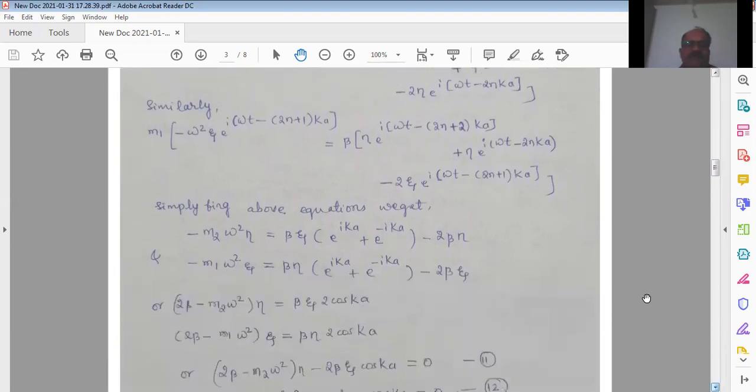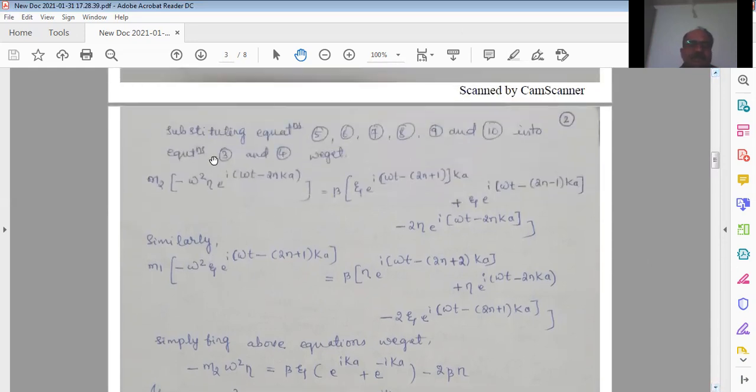Simplifying the equations, we have to cancel this term, e raised to i omega t minus 2nka. It is completely cancelled here. Here also that term is there, and here also that term is there, and here this term is completely gone.